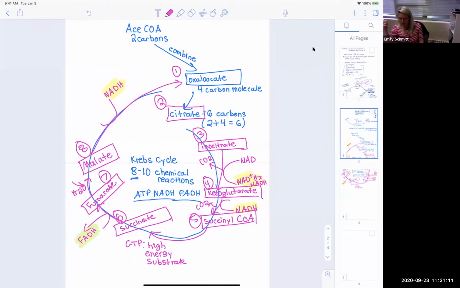And we know that each of these reactions is going to give off some sort of NADH or FADH.